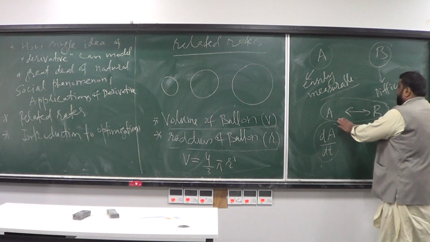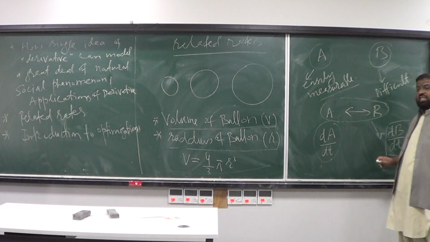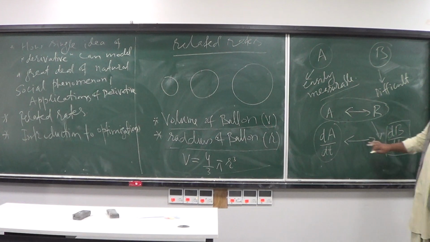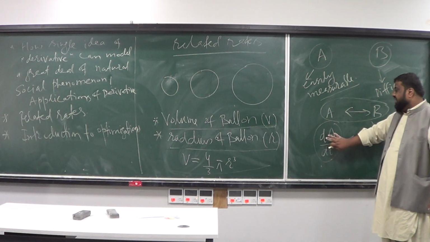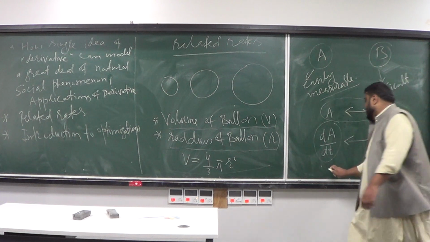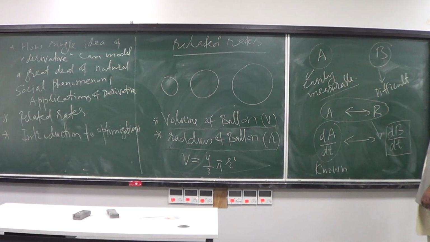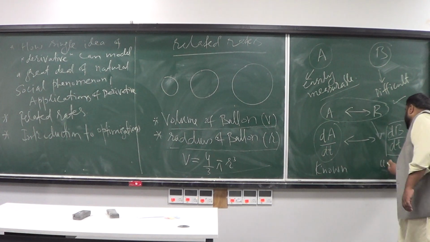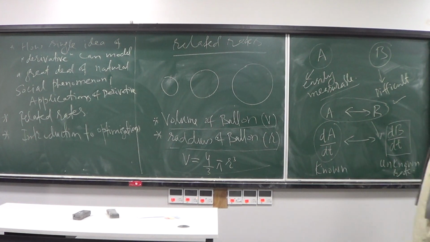So I have two quantities that are related. If the two quantities are related, their rates would also be related. So there would be a relationship between these two rates as well. And once you have that relationship, using this known rate that you can experimentally measure, and this relation, you can find this unknown rate.